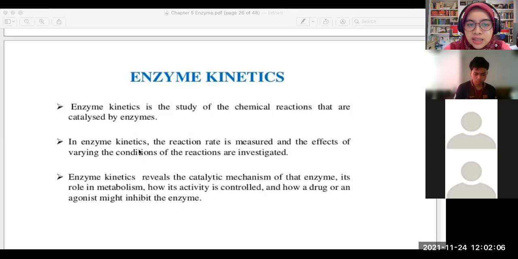What are the effects that change or influence the reaction rate? Enzyme kinetics will reveal the catalytic mechanism of the enzyme, its role in metabolism, how its activity is controlled, and what drug or compound might inhibit the enzyme.